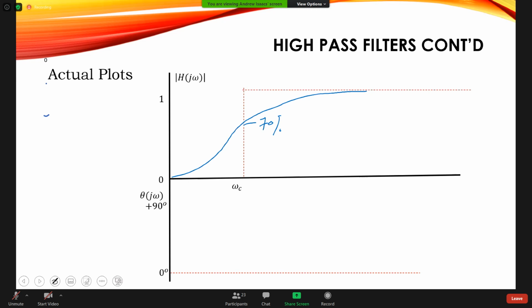For the phase angle, 0 would be at 90, as opposed to going to 0. Okay? So those would be your responses.